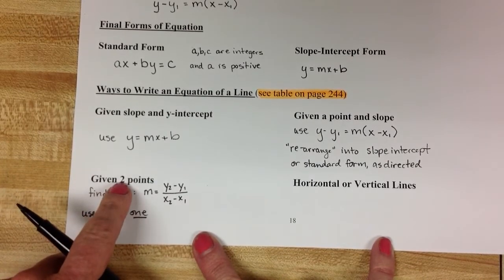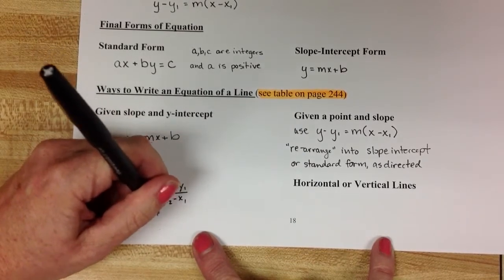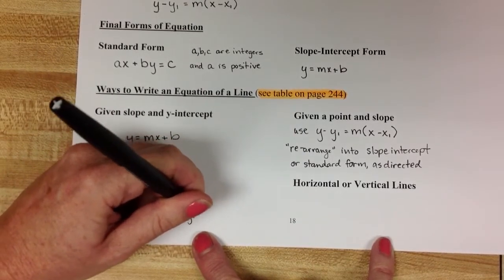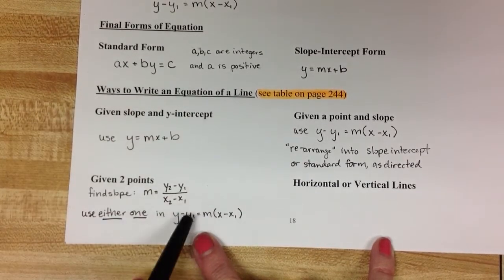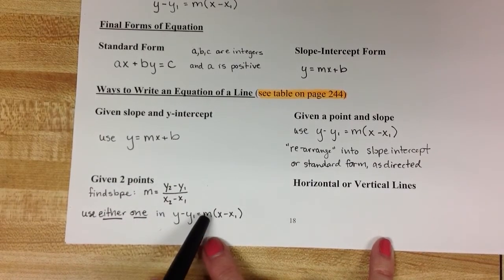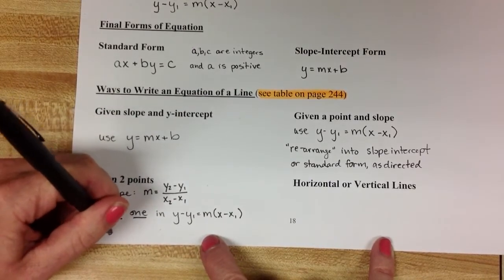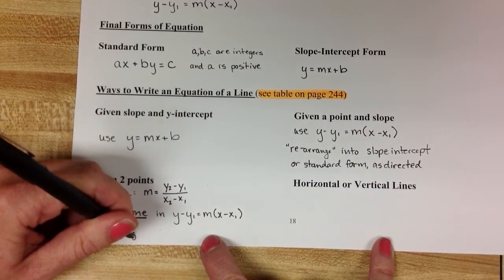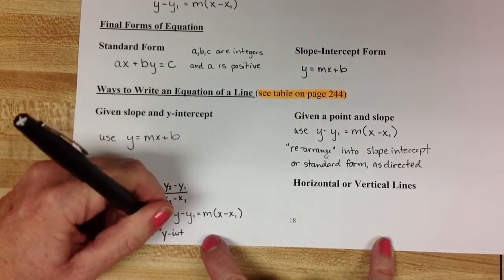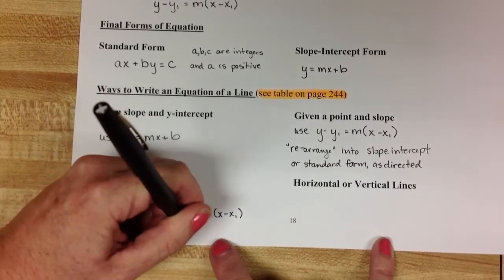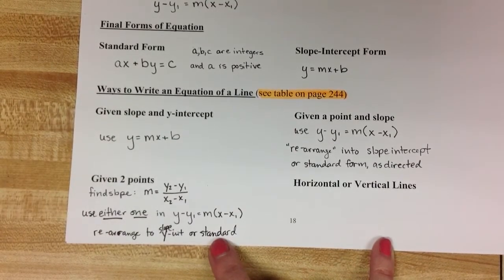That you were given 2 points, you can pick either one of them, it doesn't matter which one, and use the y minus y1 equals m times x minus x1 form. The point goes in there, your newly found slope goes in here, and then rearrange to slope-intercept or standard, again depending on what the directions ask for.